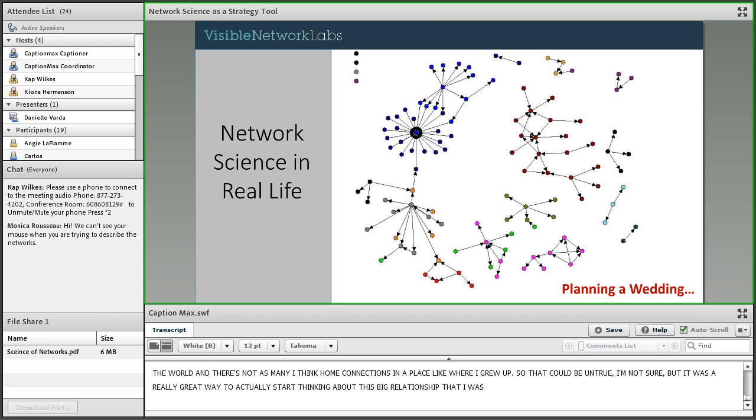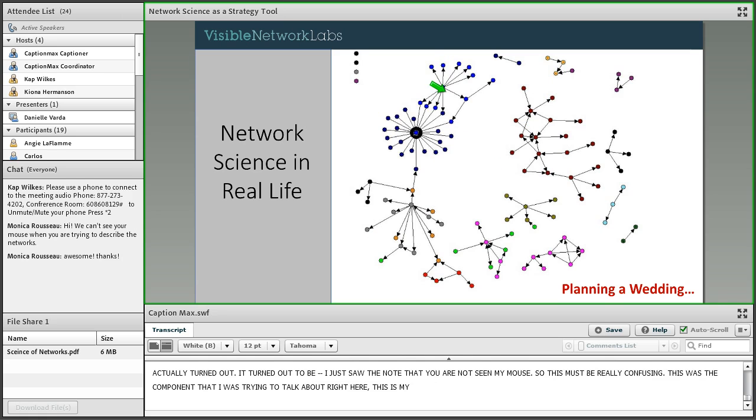And there's not as many, I think, home root connections in a place like where I grew up. That could be untrue, I'm not sure, but it was a really great way to start thinking about this big relationship I was getting into with all of the people. And it's amazing how this has actually turned out.